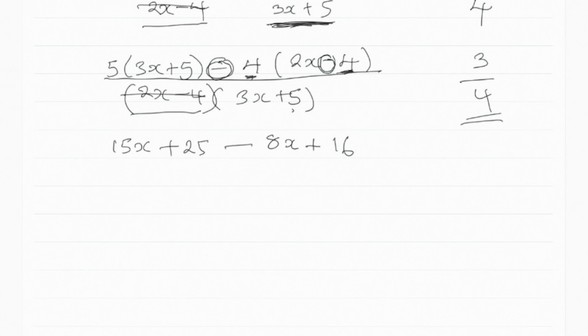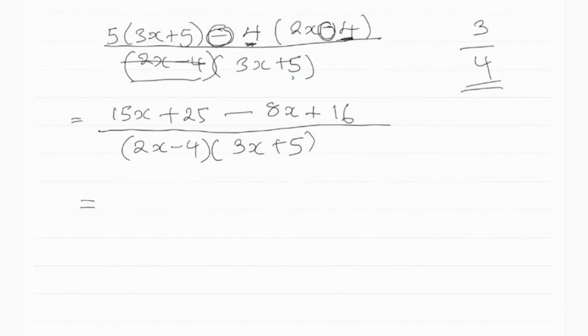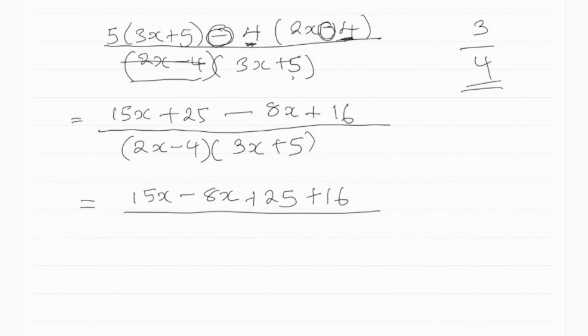Those are common mistakes that most candidates make when they are working out algebraic equations of this nature. Then we don't forget our common denominator, which is 2x minus 4 and 3x plus 5, right? Okay, and we now simplify. Simplifying this will simply give us 15x minus 8x, then plus 25 plus 16, everything over (2x minus 4)(3x plus 5).